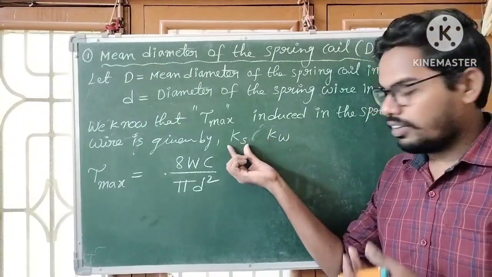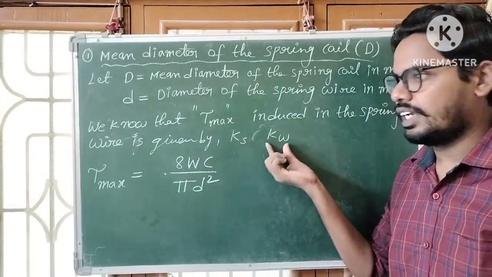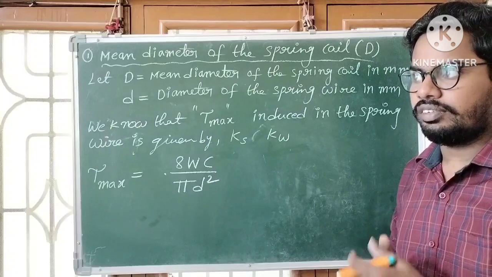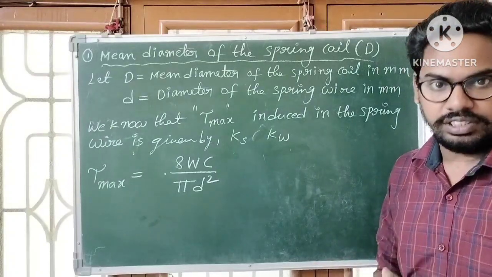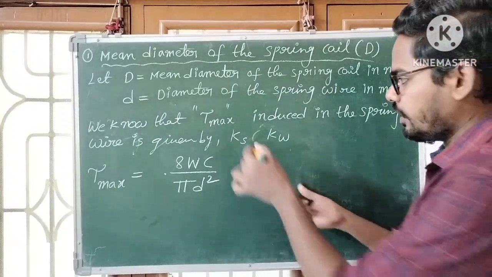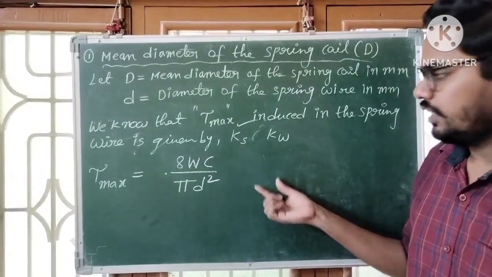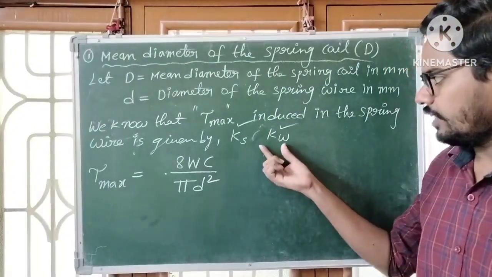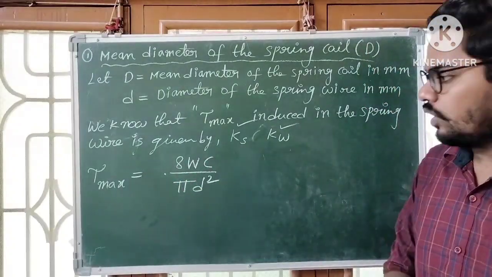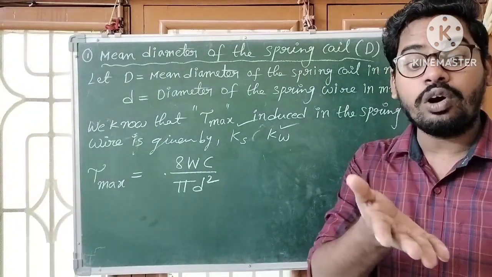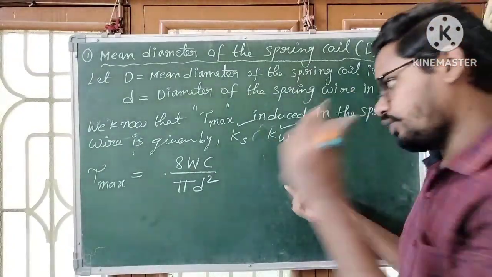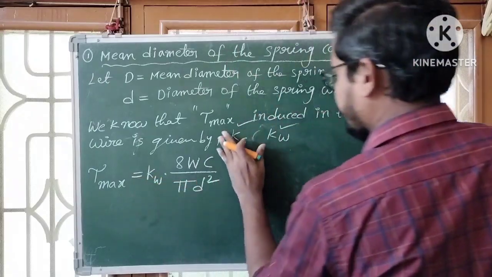Whether we select Ks or Kw depends upon the question. We should know whether we consider the curvature effect or not. If we neglect the curvature effect, we take Ks. If we consider the curvature effect, we have to write Kw here. In this question, he has clearly given Wahl's factor Kw, the Wahl stress factor, so we should consider the curvature effect.